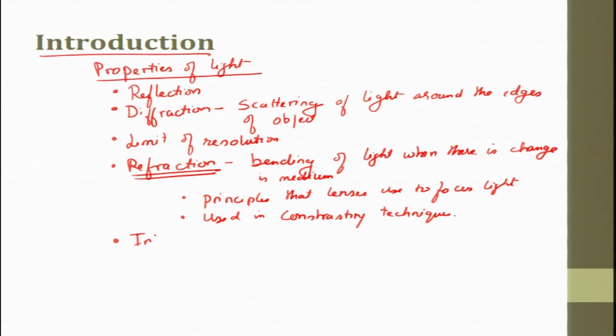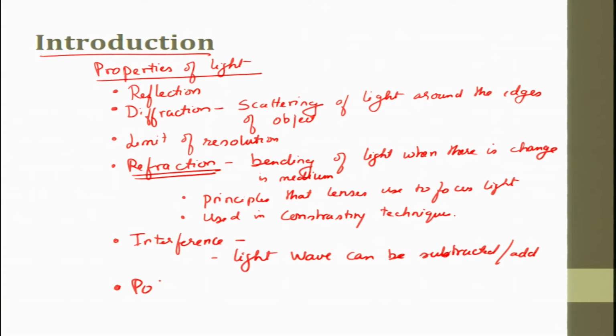Then we will look at interference, which is exhaustively used. A lot of applications today, if you want to measure the linear displacement, we use interferometric techniques. Here the light wave can be subtracted or added so that you get whatever you want. And the last one is polarization, which I said last time also, it is the vibration.